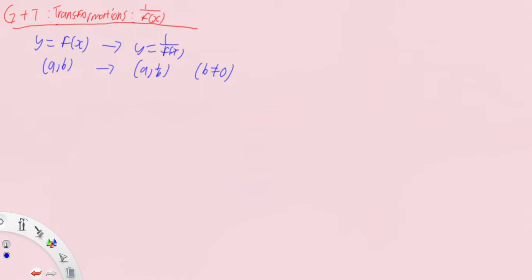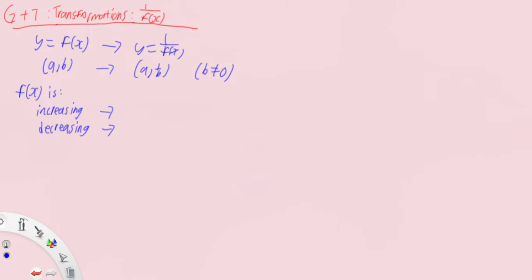Alright, but now we explore the idea if f(x) is increasing and decreasing. You can look at it this way: when you're sketching 1 over f(x) and you're given y equals f(x), y equals f(x) is basically the graph of the denominator.